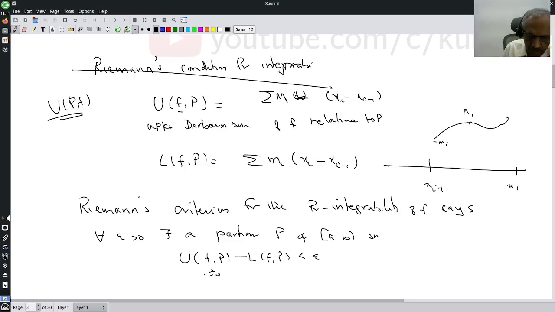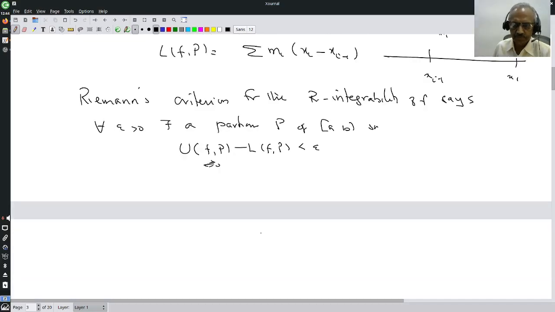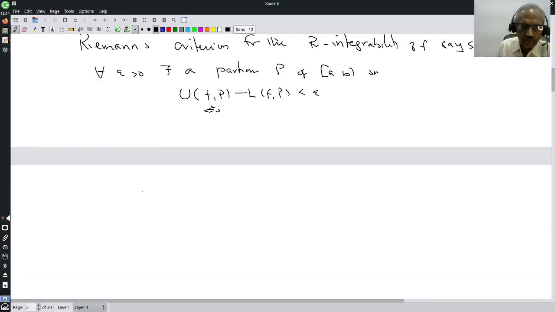It is always greater than or equal to 0, therefore we do not need a modulus. So one proves a theorem and then goes on to prove various results. But let's try to understand this object.